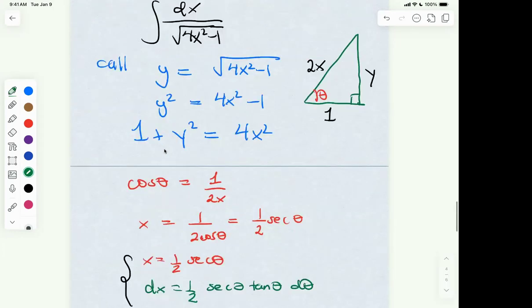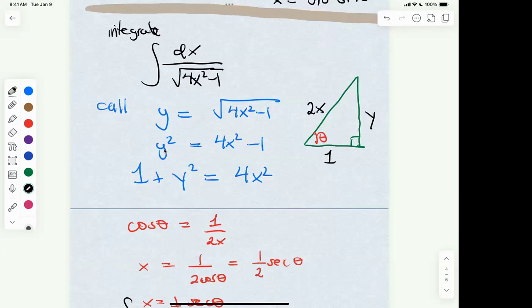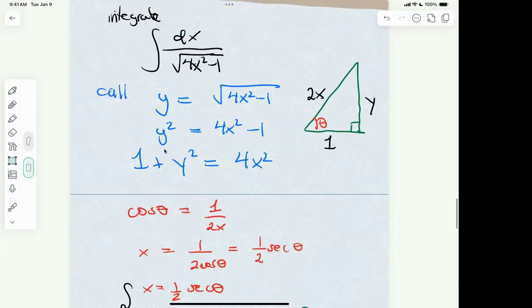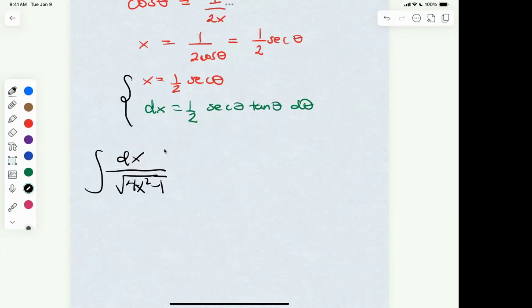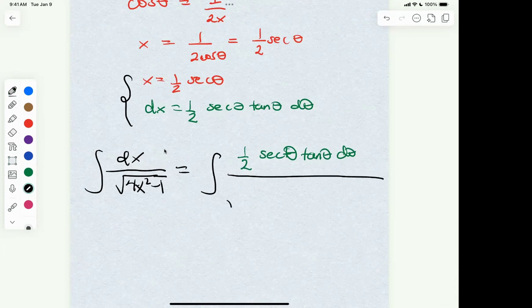And then let's just put all of this into the integral we were working with. So let's do the substitution. What is the x? According to this, the x is 1/2 secant of theta, tangent of theta, d theta. And then you divide by what? 4x squared.